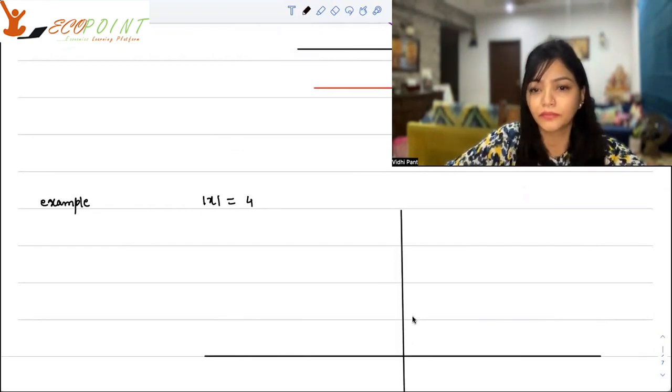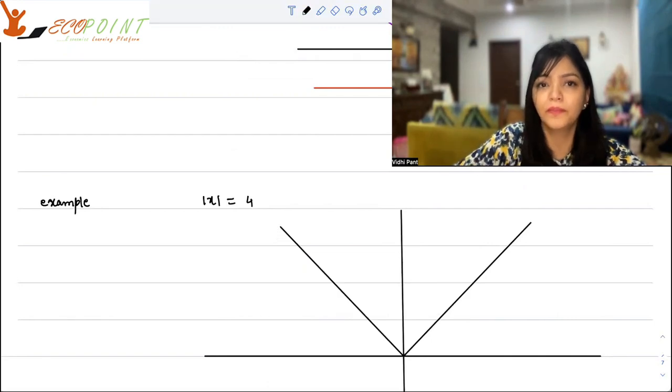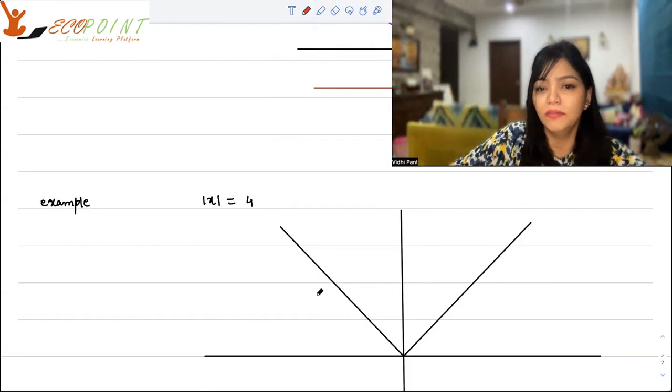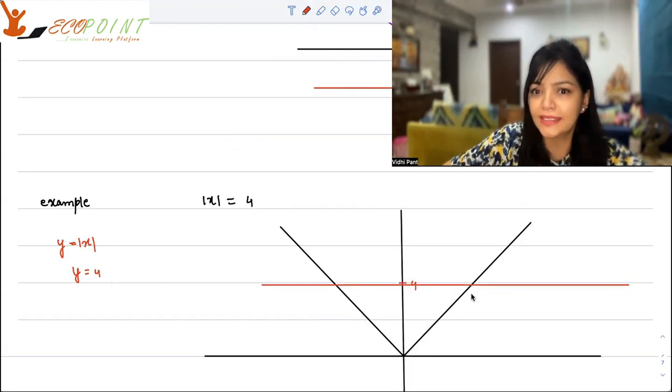This is the x-axis. This is the graph of modulus V. And this time, the second function we are interested in is y equals 4. Suppose this is 4. So y equals 4 is somewhere here, right? This line. And what's going to happen? It's going to cut the graph at 2 points.